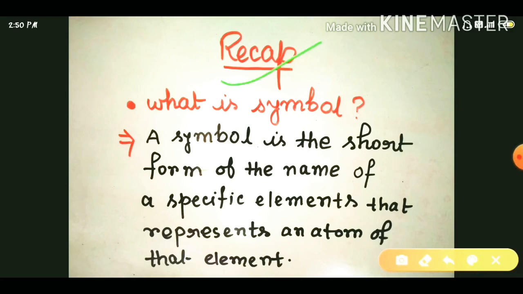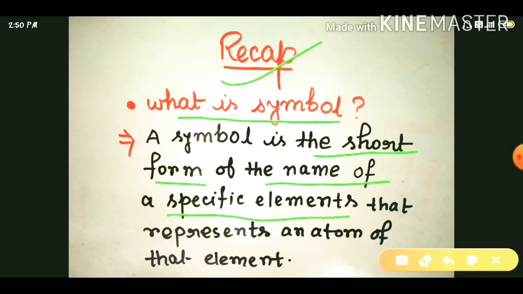What we learned about symbol. What is a symbol? A symbol is the short form of the name of a specific element that represents an atom of that element, right? That means we all have an official name and also a nickname, because the official name we do not apply everywhere.